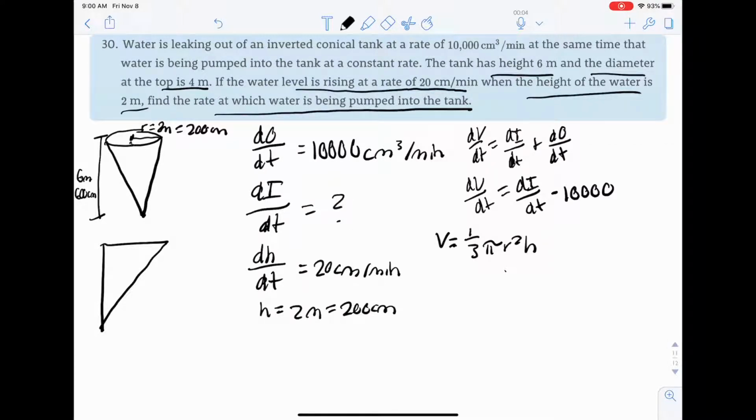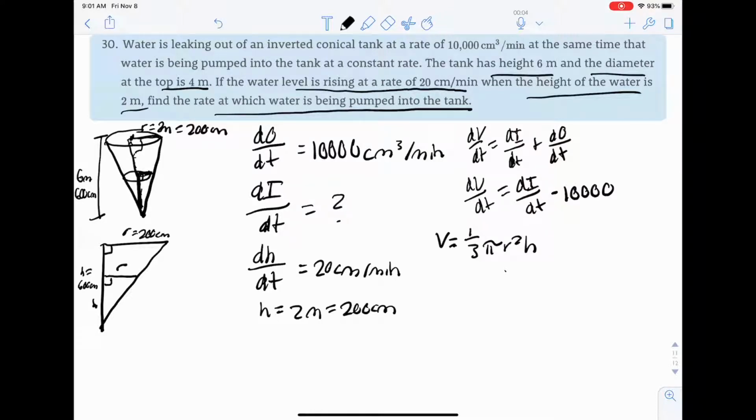So here's this right triangle right here, inside that cone. And here's the radius right here, which we know is equal to 200 centimeters, and the height right here, which is equal to 600 centimeters. And here's that right triangle from the water rising inside. That's r and h.